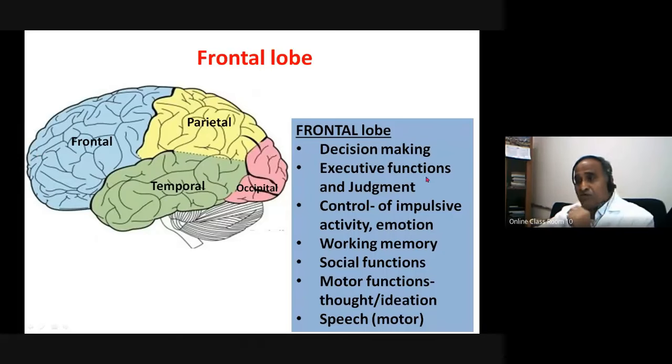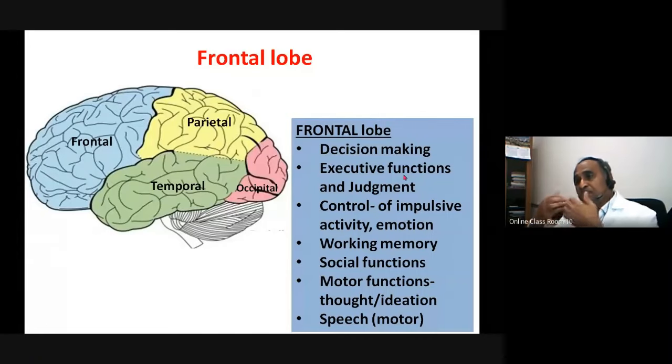Then executive functions, like planning, programming, organizing, and making a judgment on a particular thing. Particular thing means anything in our day-to-day life. Whether I want to take food or not is also one component of our daily living.